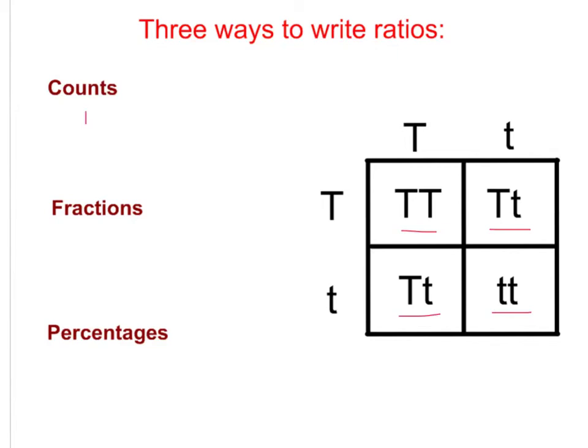For homozygous dominant to heterozygous to homozygous recessive, we can simply say it's a 1 to 2 to 1 ratio, and that's perfectly acceptable. The phenotypes in this case would be tall to short, and we could simply say those are in the ratio of 3 to 1, and that is a way that we can report the ratios.